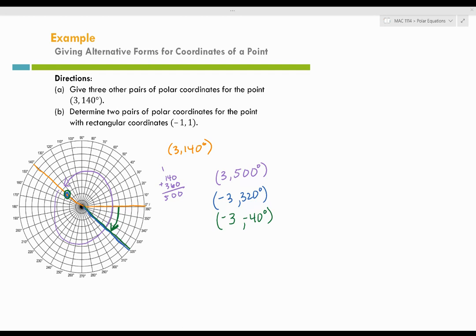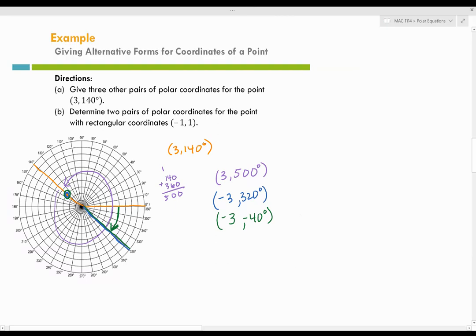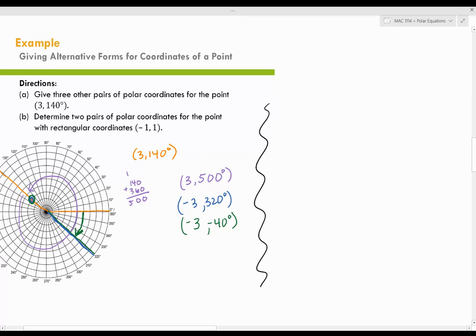All right, let's look at B. B says, determine 2 pairs of polar coordinates for the point with rectangular coordinates (-1, 1). So for B, this time we have rectangular coordinates.